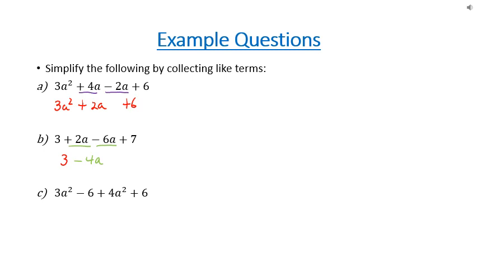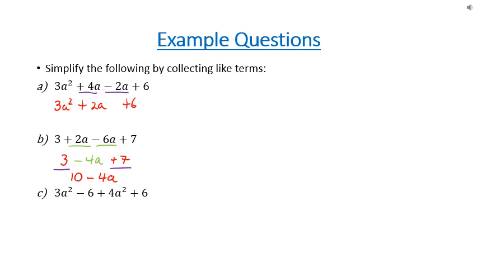And we have a plus 7. Now, this isn't quite finished because 3 is a number and 7 is a number. They are like terms. They don't have a variable, right, but we can add and subtract them. So 3 plus 7 gives us 10, and we're left with negative 4a.